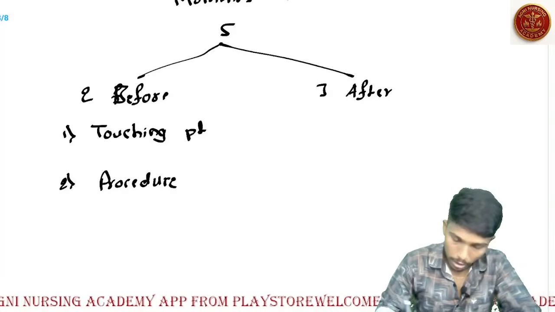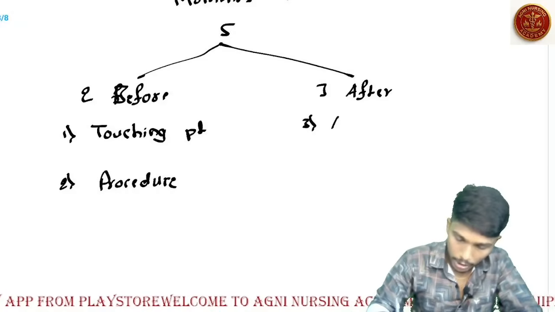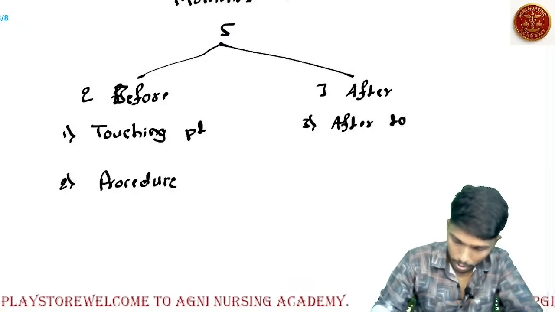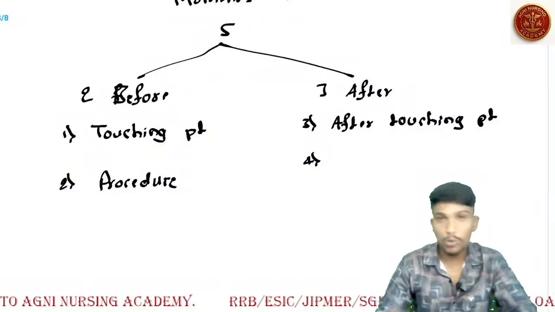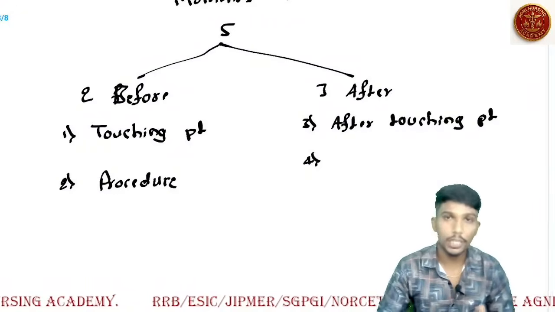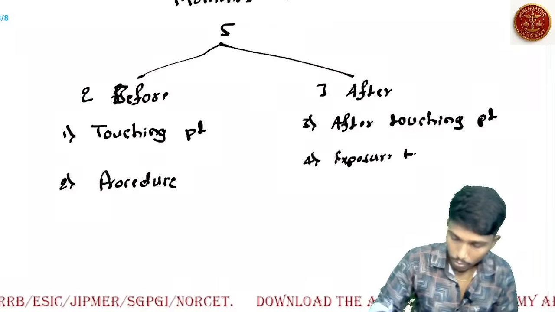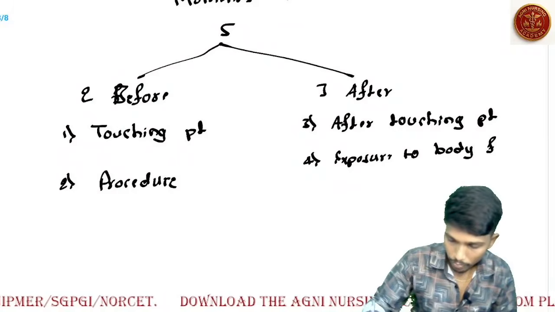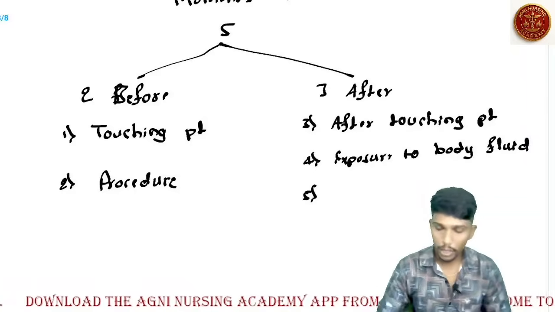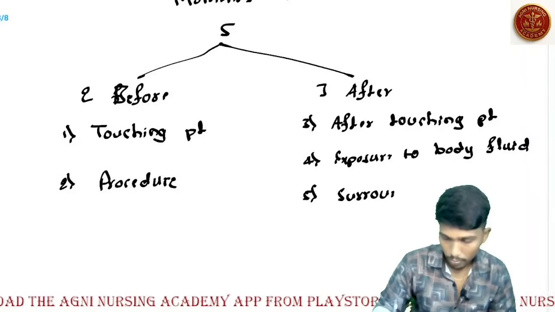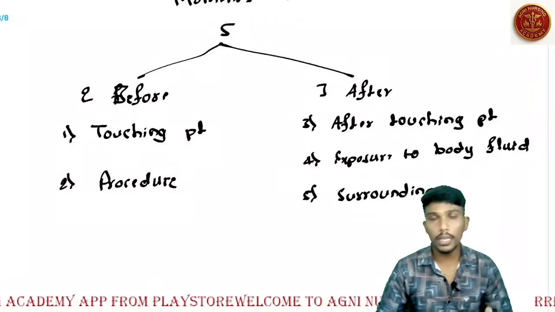Then coming to the 3 after: after touching the patient we have to do hand hygiene; after exposure to the body fluids of the patient, that is secretion, blood, sweat; and the fifth one, after touching the patient's surroundings, which is also considered a contamination.